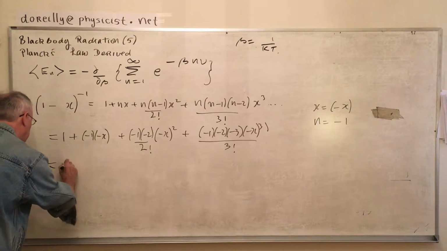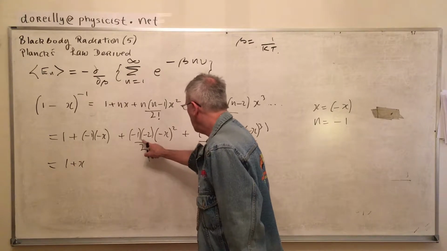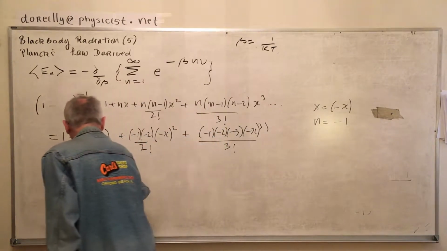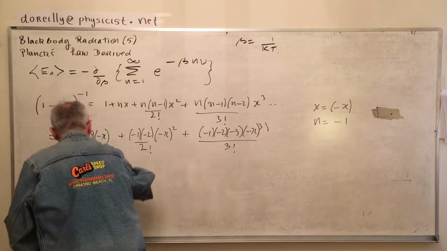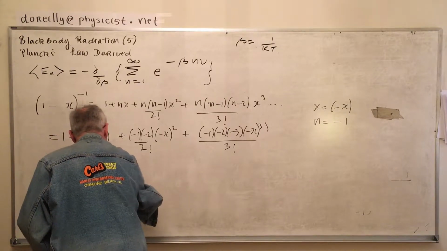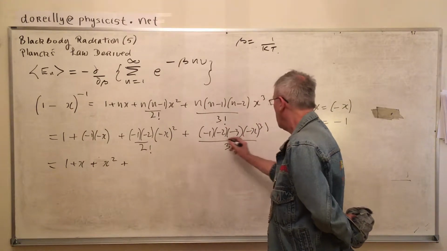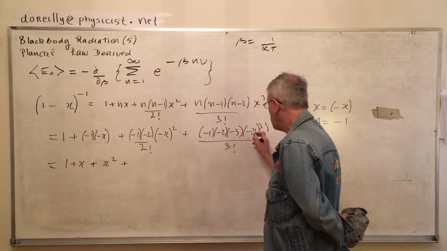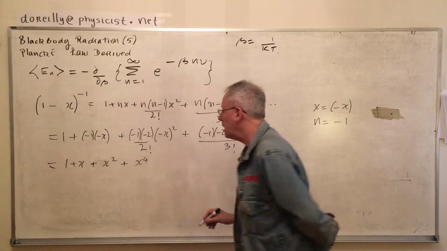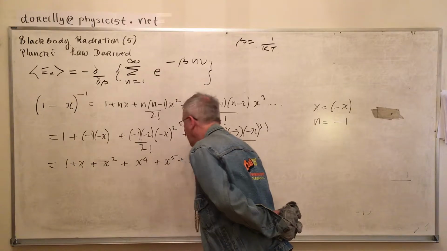It gives us 1 plus x. 2 over 2, and minus times minus is plus, times minus x squared is x squared just. So, this is 3 factorial over 3 factorial, also gives me 1. Minus times minus times minus times minus. 4 minus is a product, x to the 4th. So therefore we see that it's 1 plus x squared plus x to the 4th plus x to the 5th plus, and so on.